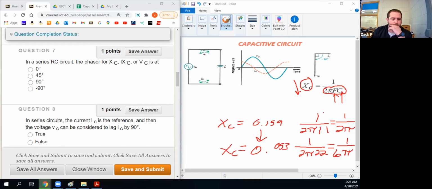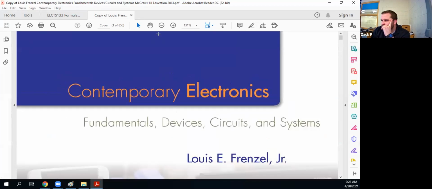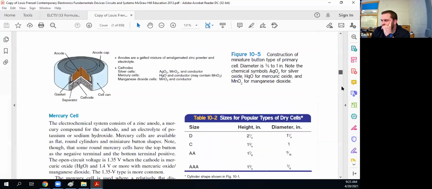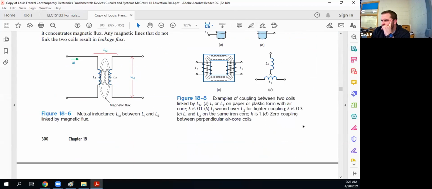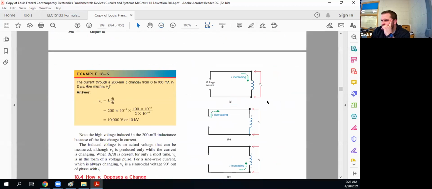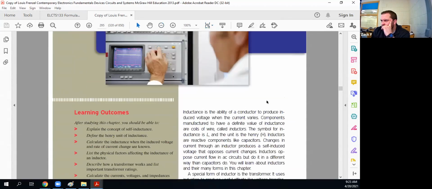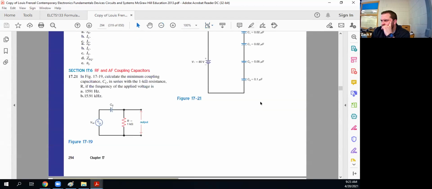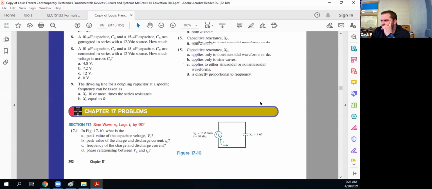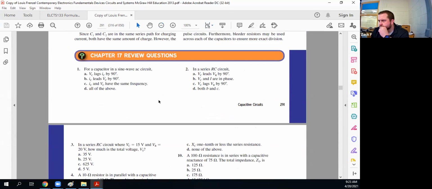Computer's slow this morning. 285 is number 2 in the list of summarizing similar phase triangles.